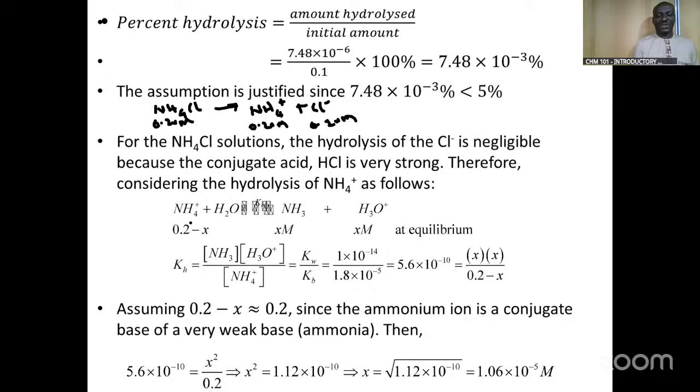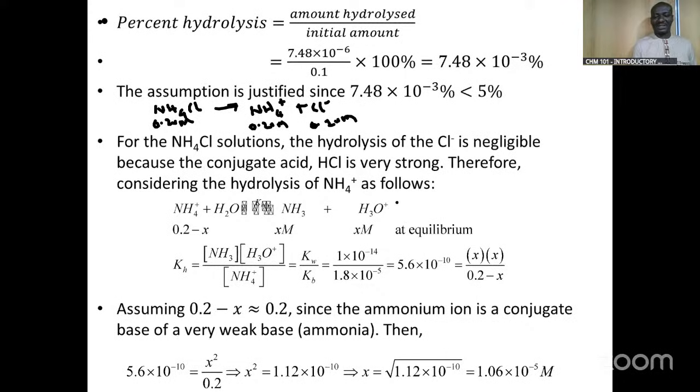It's very easy to understand now. So we have at equilibrium, ammonium is 0.2 minus X, ammonia will be X, and H3O+ will be X.